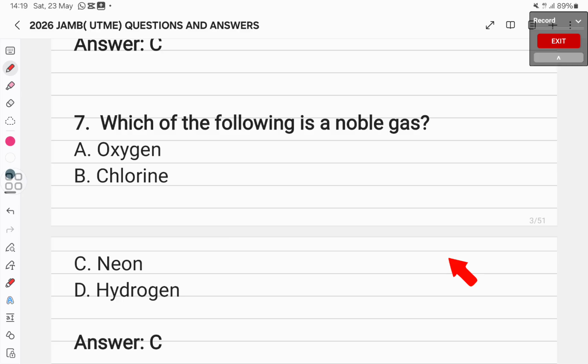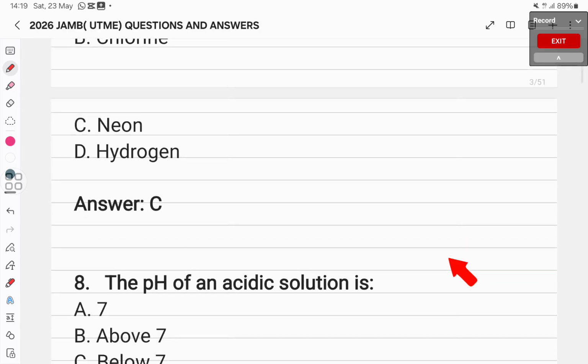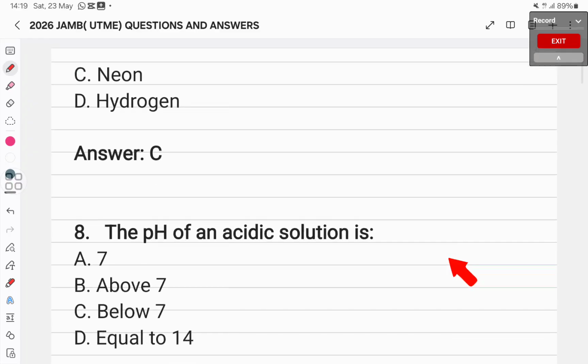Any atom whose outermost shell is completely filled with electrons is going to be chemically unreactive, so it becomes inert. We can call them inert gases too. Noble or inert or rare gases, but mostly noble gases. So the correct answer here is neon, option C.